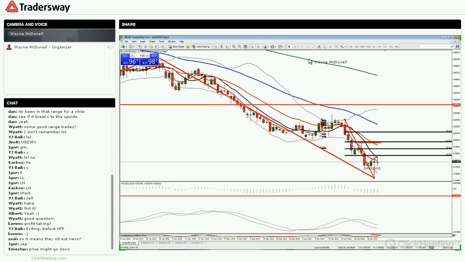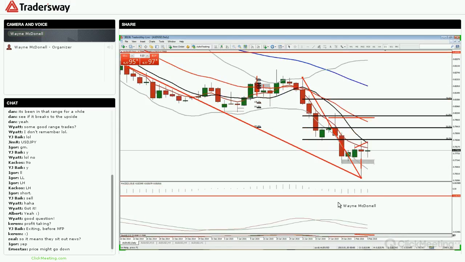Okay. So in a daily chart now, the bigger plan may prevail, where this just drops up to the 382 Fibonacci retracement and down again.